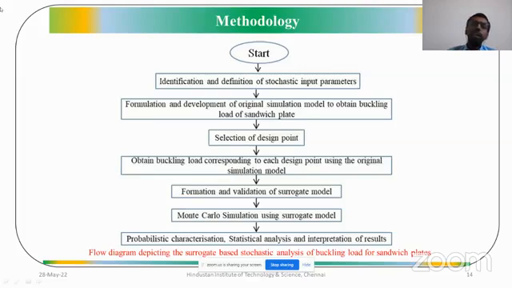Once we get the buckling load from the original simulation model, we will go for surrogate model validation and formulation. Thereafter, Monte Carlo simulation using the surrogate model. Once we get the Monte Carlo simulation for all the parameters, we will go for characterization, statistical analysis, and interpretation of results.